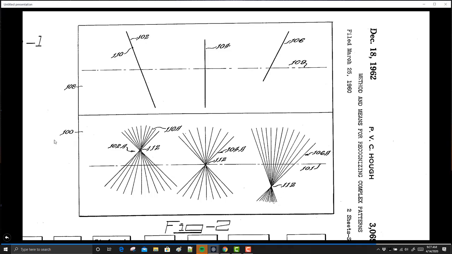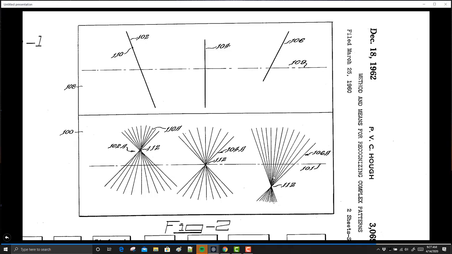Then in the lower framelet 100, we see the Hough transformations for each of the lines in the upper framelet, so that somehow the points on line 102 are transformed into this, the points on line 104 are transformed into this, and the points on line 106 are transformed into this. And again, a midline is also drawn across the lower framelet.